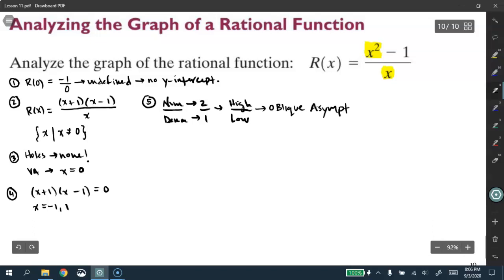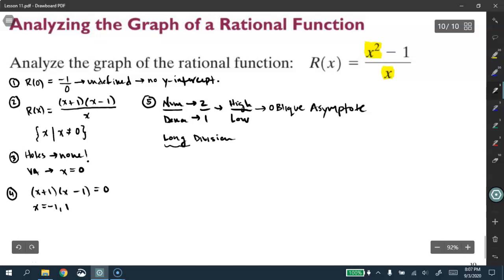When it comes to oblique asymptotes, that essentially means it's going to be going diagonally, and we'll talk about how to tell that just now. Basically, you have to go through a process we've learned before, which is called long division. We detailed this, I believe, in lesson number 8, part 2.